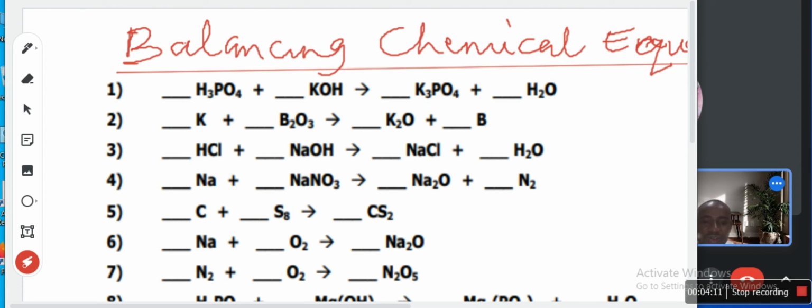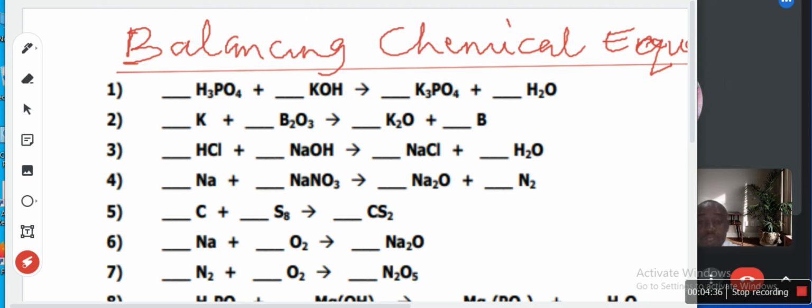Now give me the compounds on the product side. Sodium chloride plus H2O. H2O stands for water. Sodium chloride is what we call common salt.